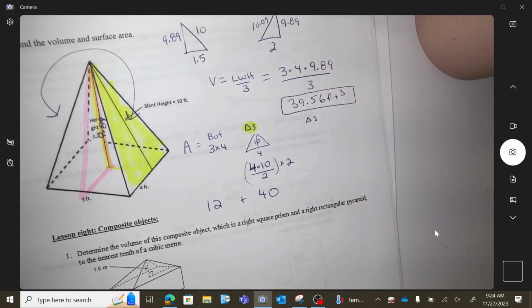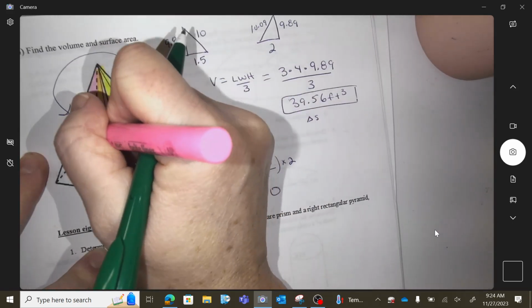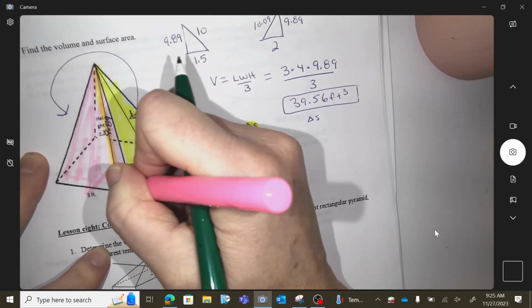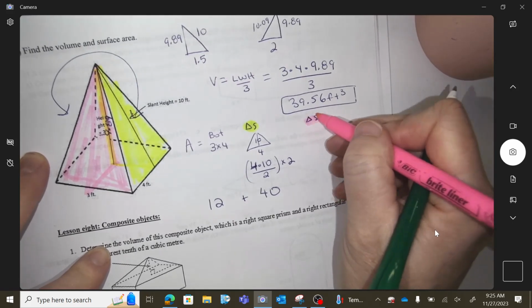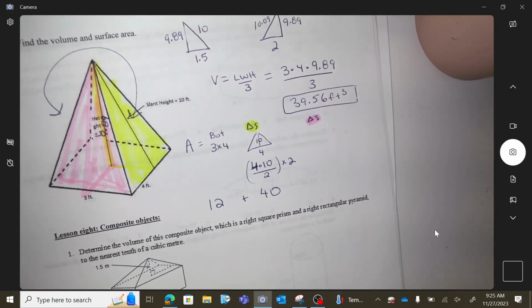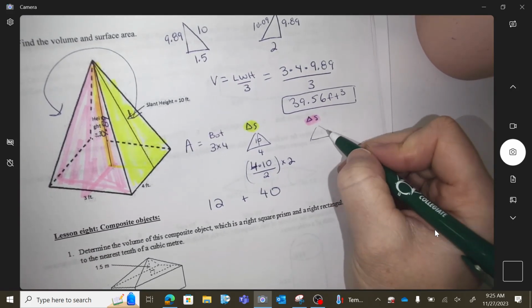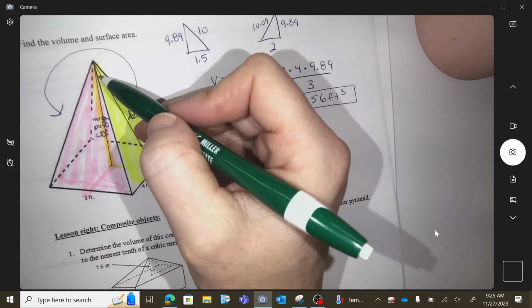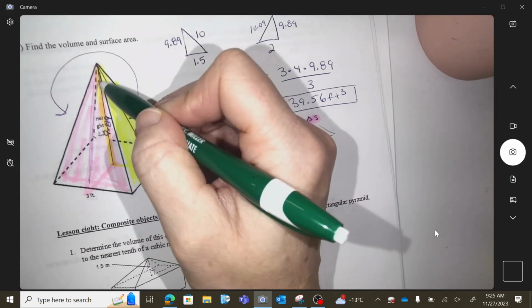Okay, so last time it was easier because we just had the same triangle all the way around. But this time, I need you to visualize this pink triangle. The pink triangle has a 3 on the bottom. The base of it is 3. What is the height of that?